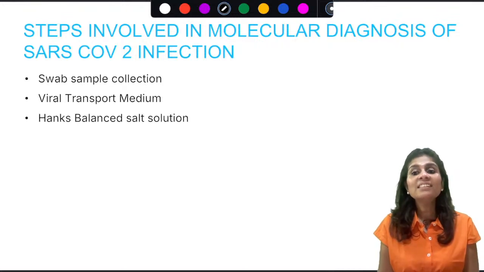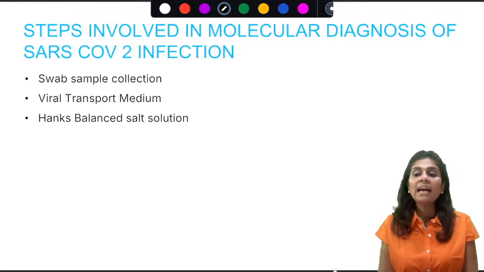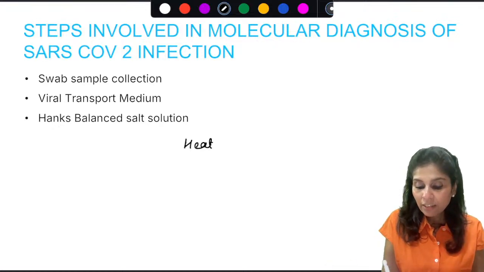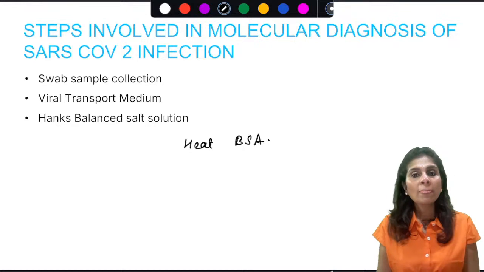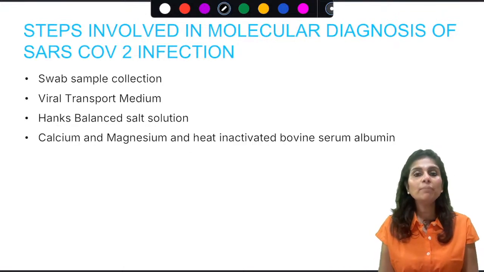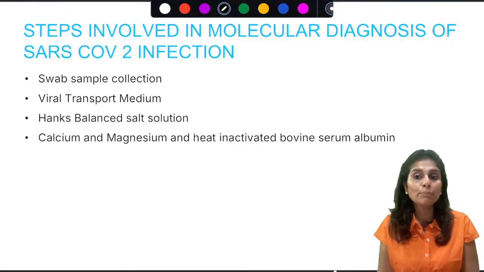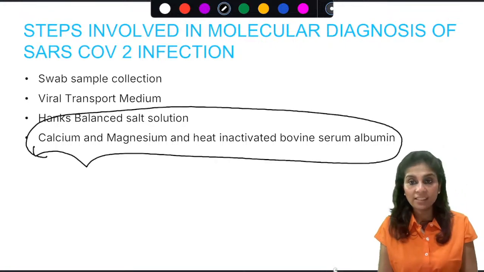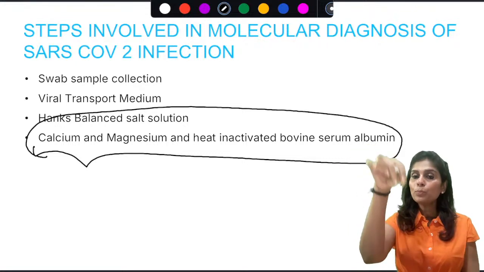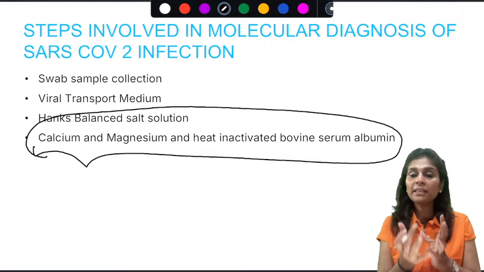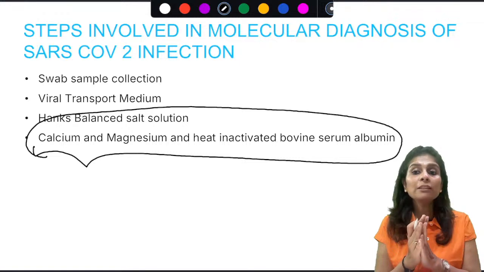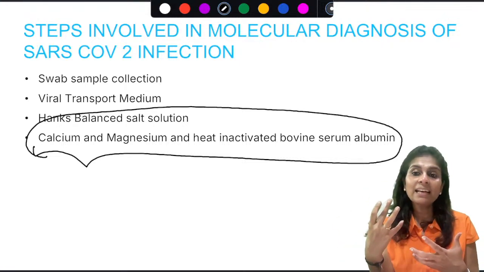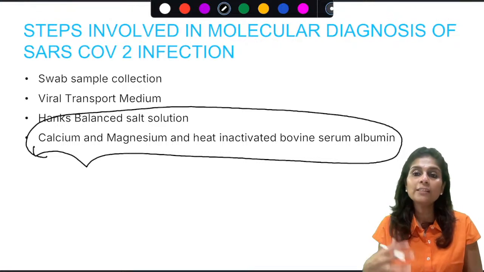Most of the times it is Hank's balanced salt solution, and it is made up of calcium and magnesium with heat inactivated bovine serum albumin. What is it made up of? Calcium, magnesium, and heat inactivated bovine serum albumin. As you can see here, this medium is loaded with nutrients. So what will happen when you add a swab sample into this medium? Because this medium is rich in nutrient, any pathogen, not even a pathogen, any organism that is there in the oropharynx or nasopharynx will start growing.